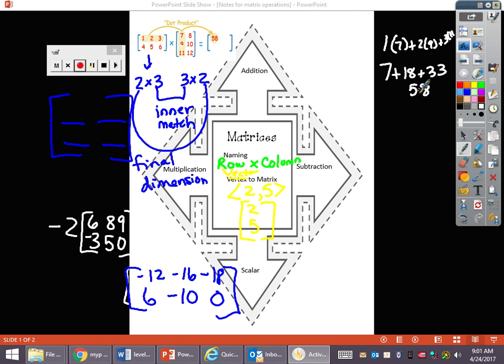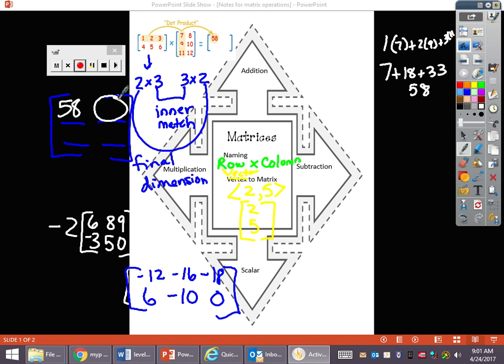You take the row of the first, times it by the column of the first. Row times column. This is the hardest thing you have to do. Okay? So, this number here is 58. To get this number here, I'm going to do first row times second column.